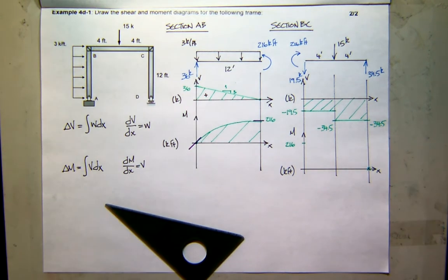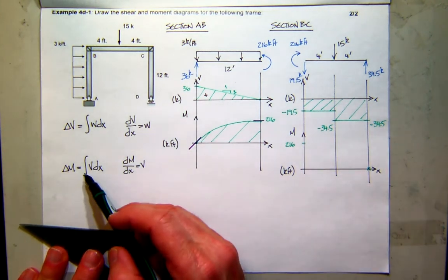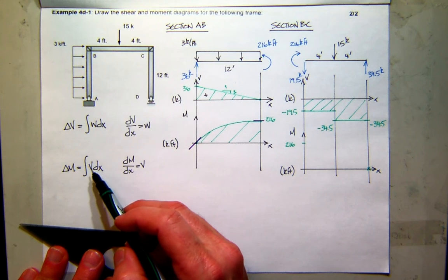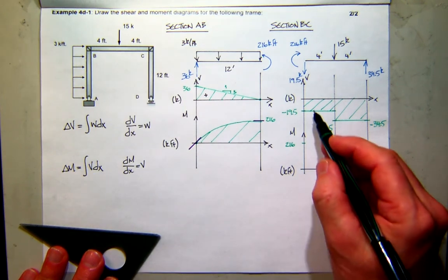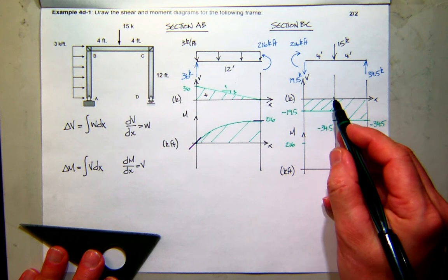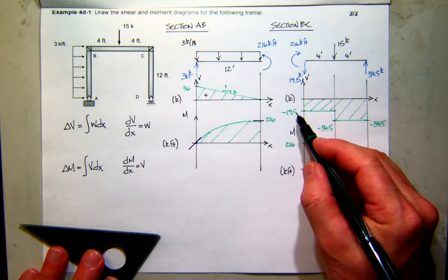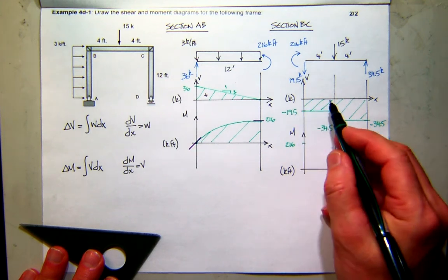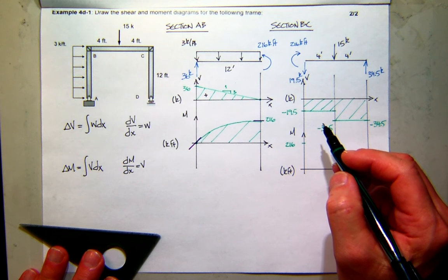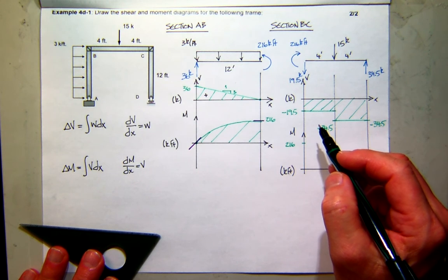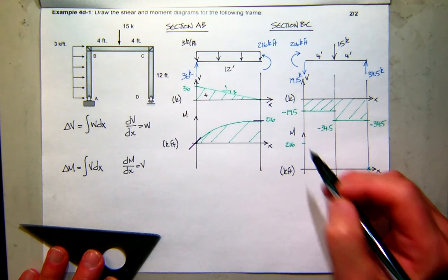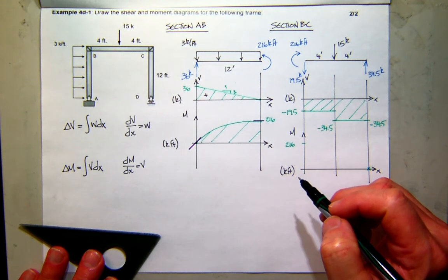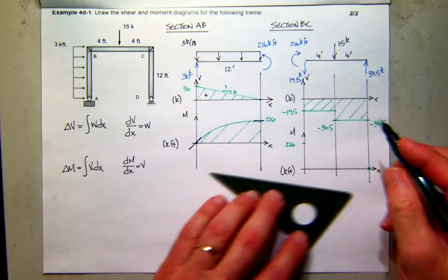I've got to make those two connect. The change in moment is the area of the shear diagram. So the change in moment over the first 4 feet is given by this shear diagram, which is 19.5 times 4. What's that? Then you subtract that from 216. What do you get? It goes down to 139.